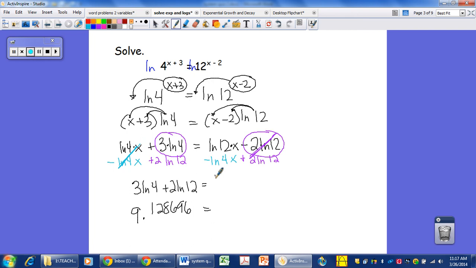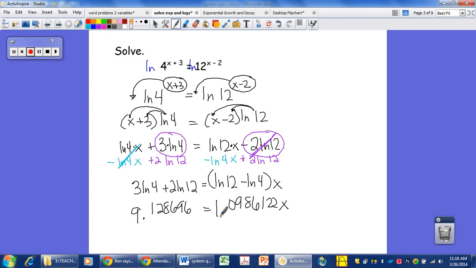And over here, if I do the natural log of 12 minus the natural log of 4, that's how many x's I have. It's not the natural log of 12 minus 4, which is natural log of 8, but it's this. So my calculator says that the natural log of 12 minus the natural log of 4 is this decimal, 1.0986122.